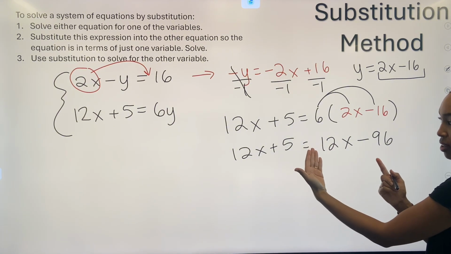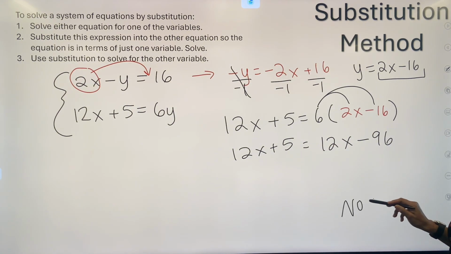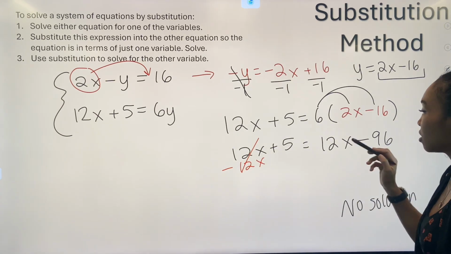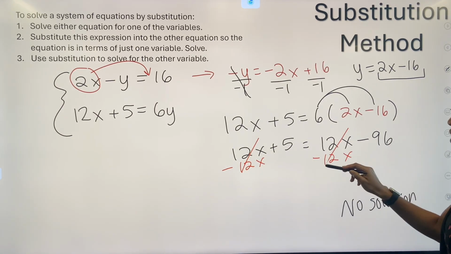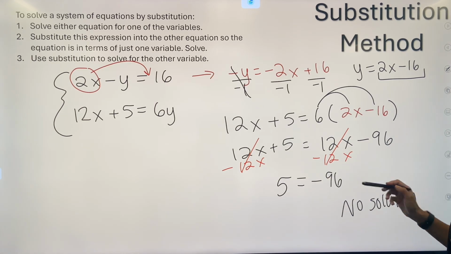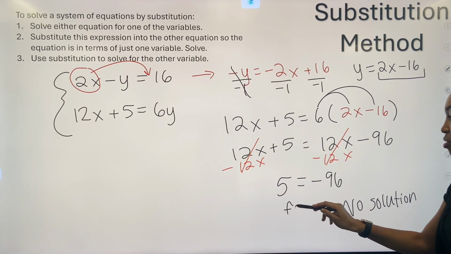You have an equal sign. So I already know this is no solution. However, if you didn't catch that, we can continue solving. So I can subtract 12x over here, that's gone. Subtract 12x over here, that's gone. I'm left with 5 is equal to negative 96, which is not true, that's false.